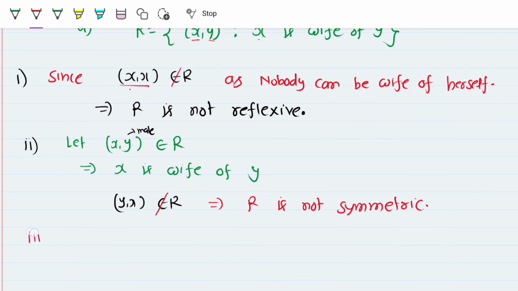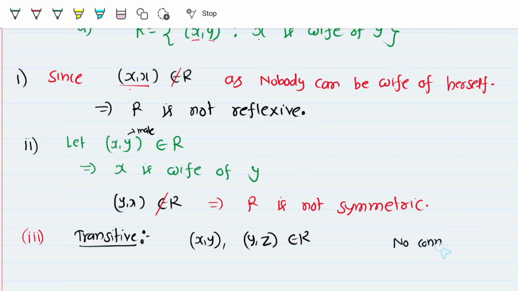Now third, transitive. Is it transitive? For the transitivity, we need connecting pairs. We need such pairs x comma y and y comma z belonging to R. There are three conditions for the transitivity. If there are no connecting pairs, then by default it is transitive.